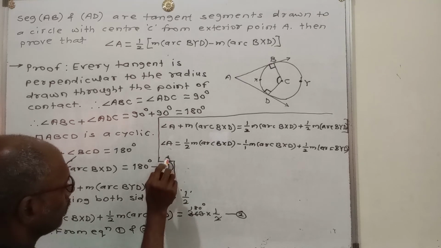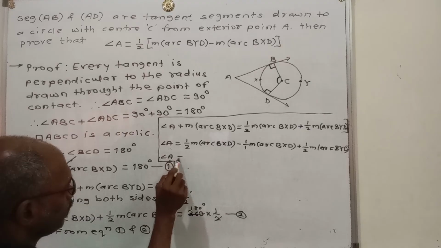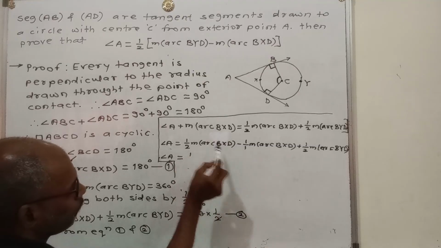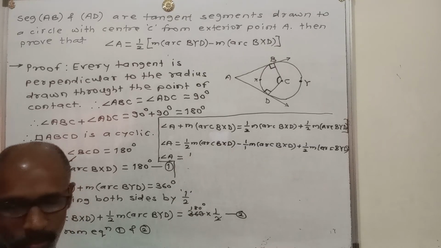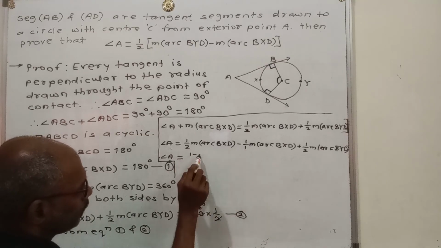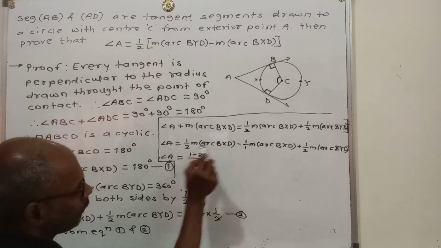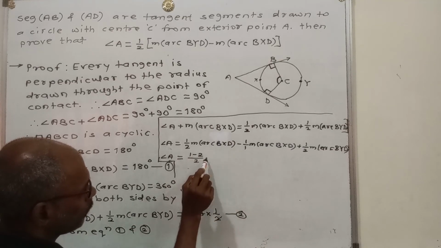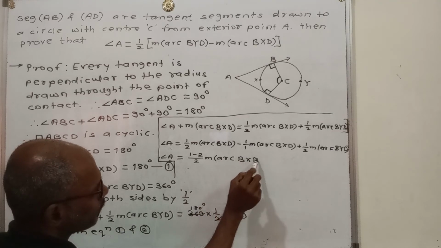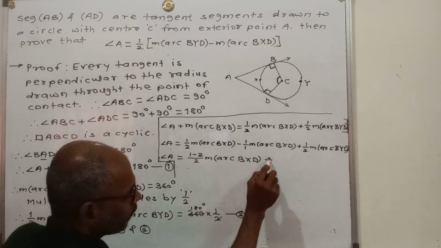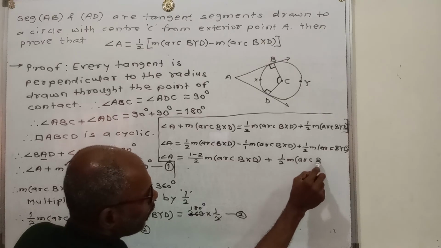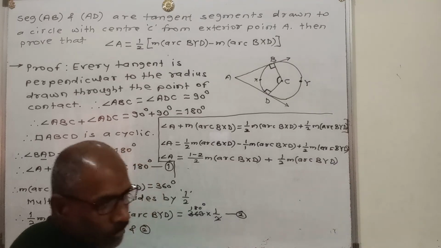Therefore, angle A is equal to 1 into 1 is 1, 1 into BXD, over 2 into 1, 2, major arc BXD, plus 1 upon 2 major arc BYD.